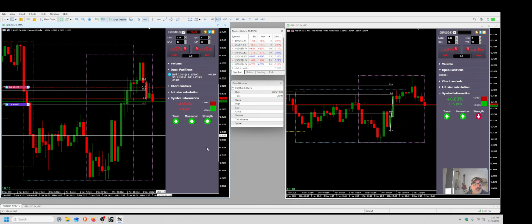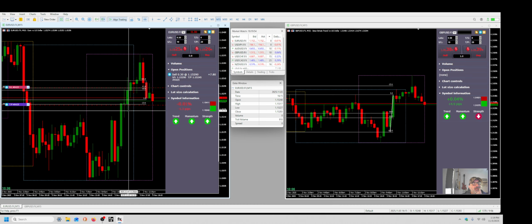So pretty much, I think we'll hit it, but we do have a little bit of buying that came here. You've got to remember the sellers were here as well.